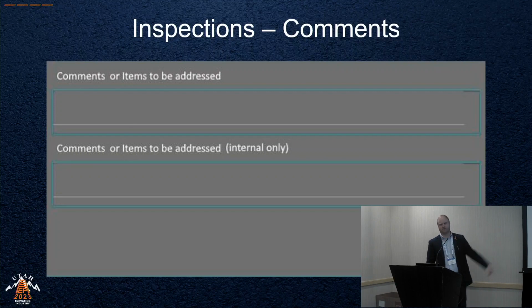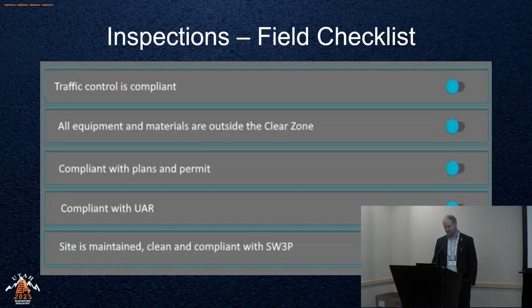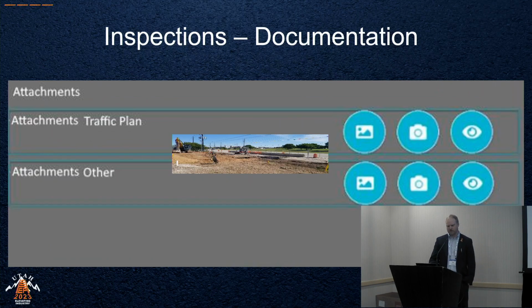We also have a line for internal comments, so it might be something like, hey, this utility is doing something incorrectly, we need to make sure we get as-builts from them. Again, another picture of the checklist. A great component of this is you can also take pictures of the traffic control or anything else, and you can make comments, and that all uploads to the utility permit and is saved as part of that final file with the utility permit.